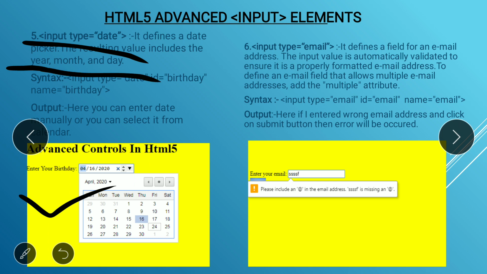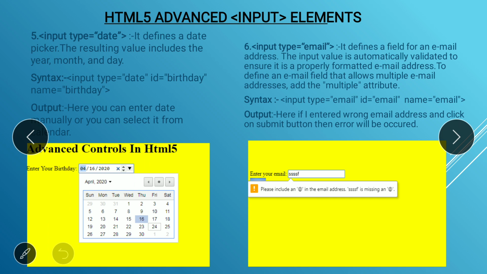I already told you how to use the input tag with the date value of the type attribute. These are all controls, or you can say the values of the type attribute.